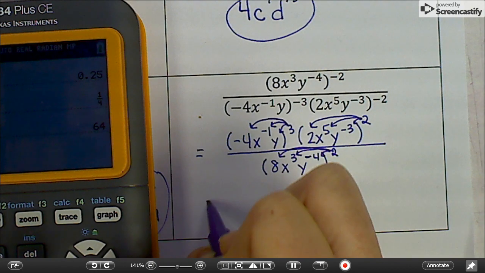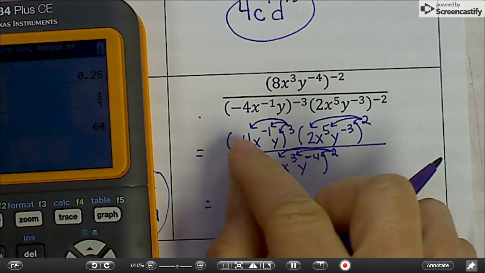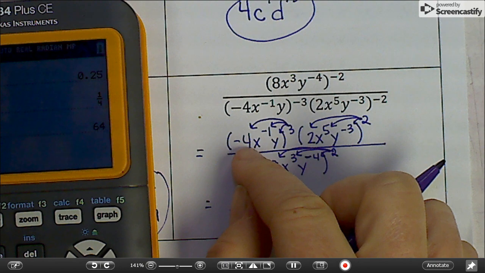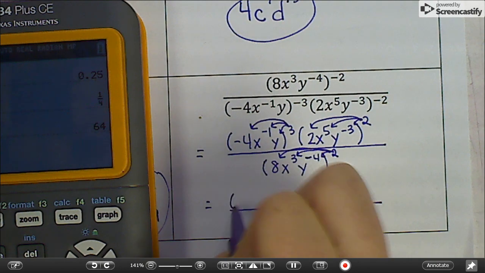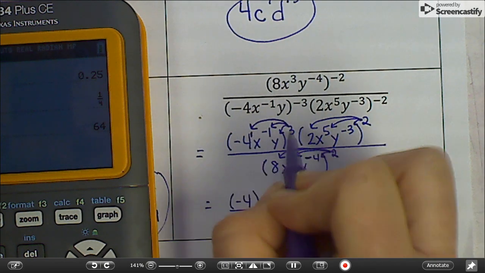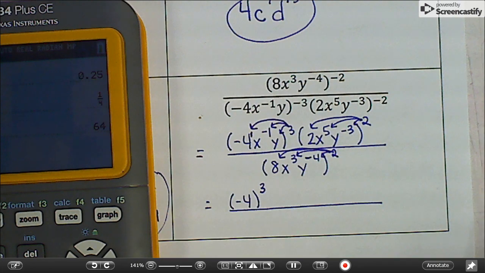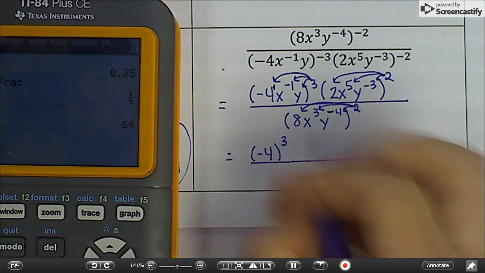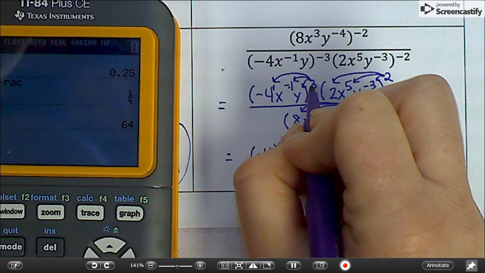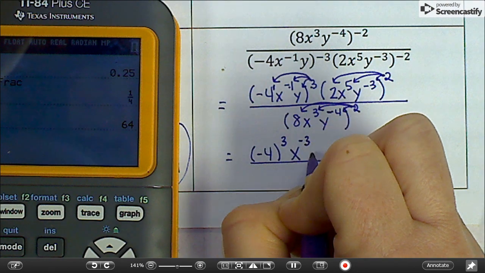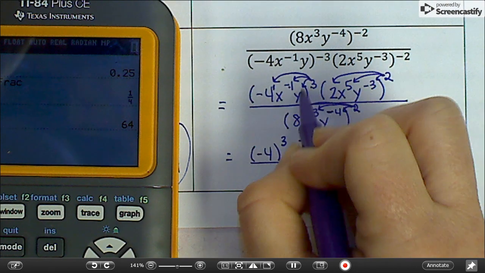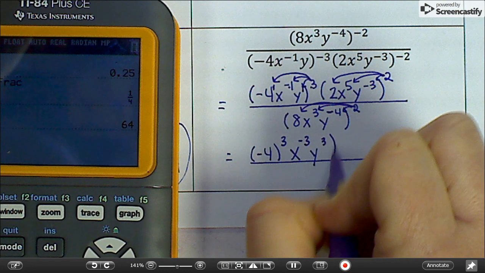All right. So we have negative 4. 1 times 3 is 3. X, negative 1 times 3 is negative 3. Y, 1 times 3 is 3.